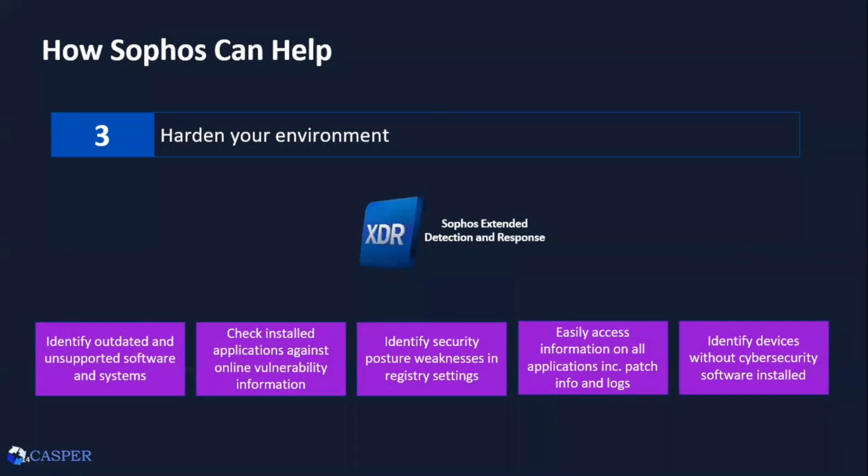You can identify security posture weaknesses in registry settings, so you know those places that need to be fortified, those places that can be exploited by threat actors. You can easily access information on all applications, including patch and log information.